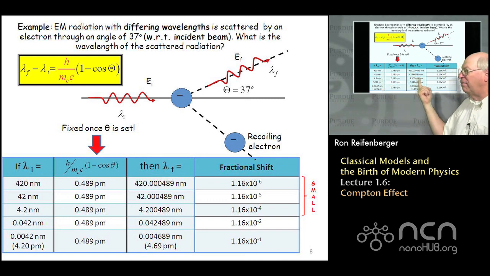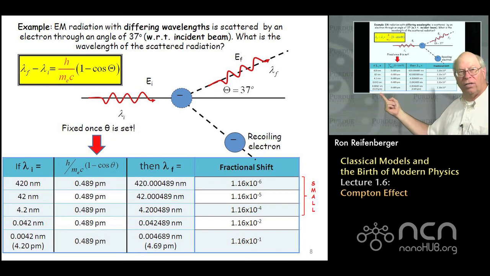The shift in wavelength is going to be parts per million or tens of parts per million, and it'll be extremely difficult to measure that fractional shift in wavelength. So experimentally, even though the wavelength of the incident light is shifting, you don't have a chance of actually making a measurement of that energy shift.